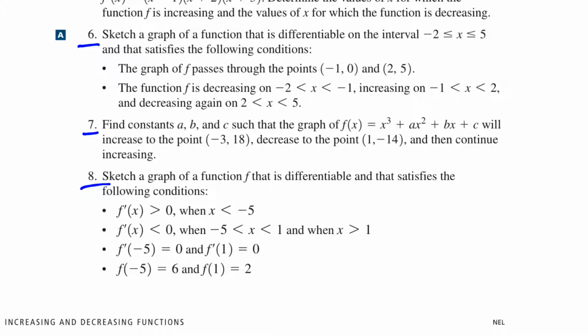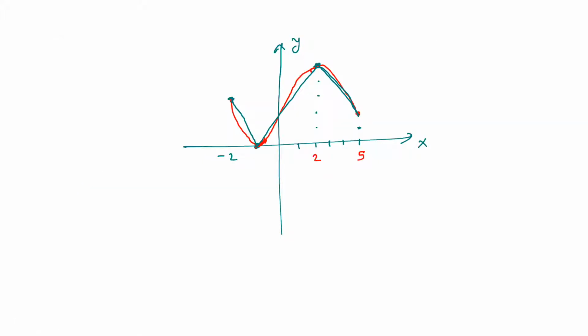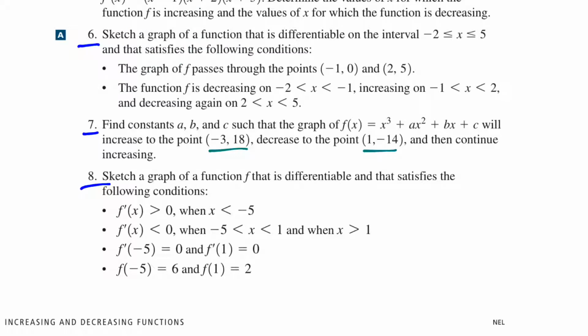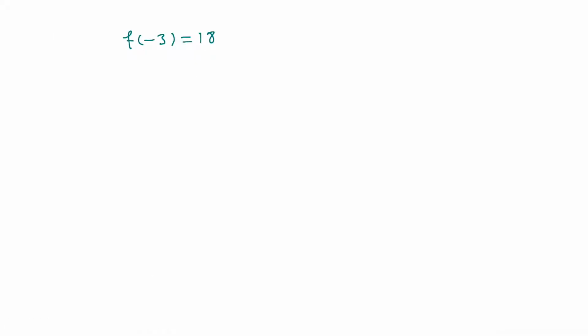Since the function is passing through these 2 points, f of negative 3 is 18, and f of 1 is negative 14.